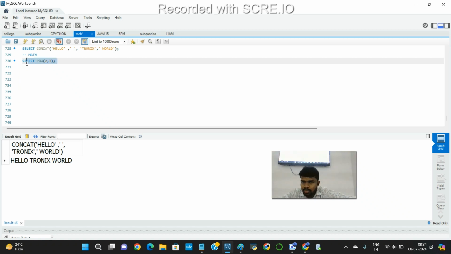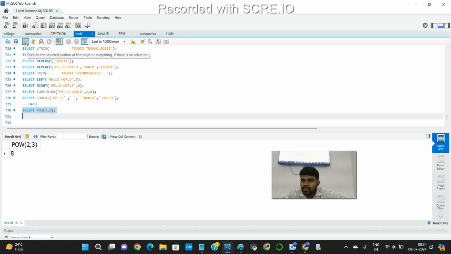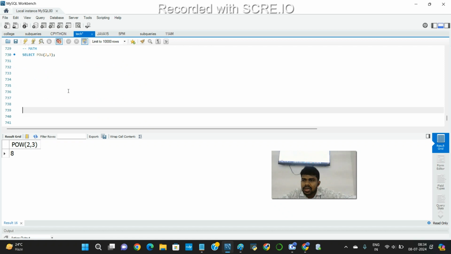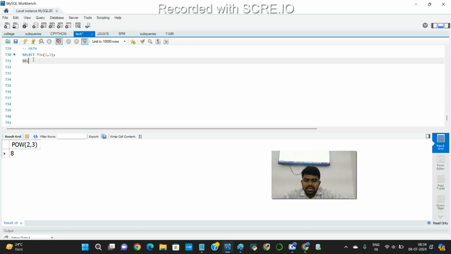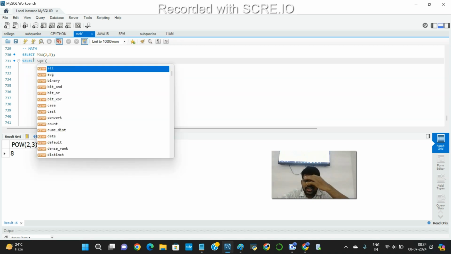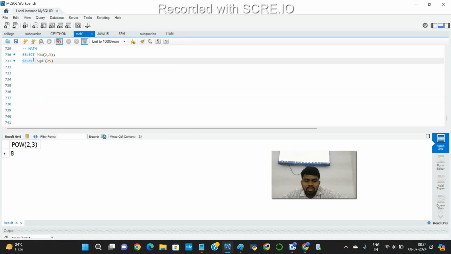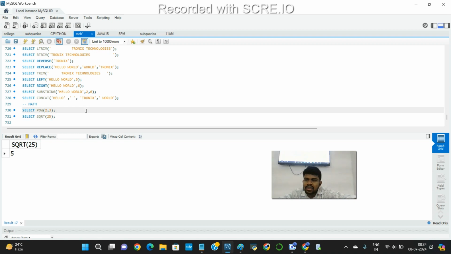That is two cube, so the answer is 8, because 2 is the base and 3 is the power. Similarly, I want to find the square root of 25. That is 5.